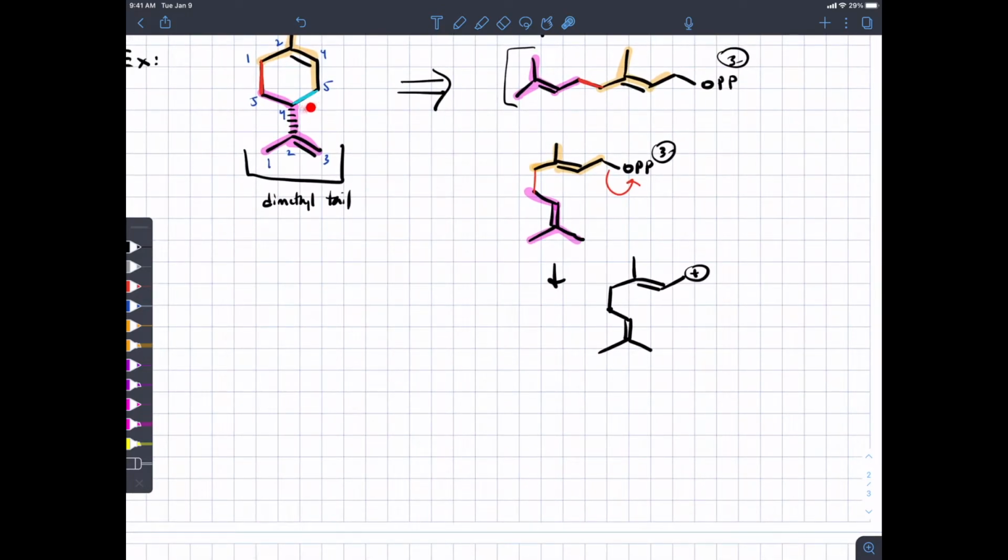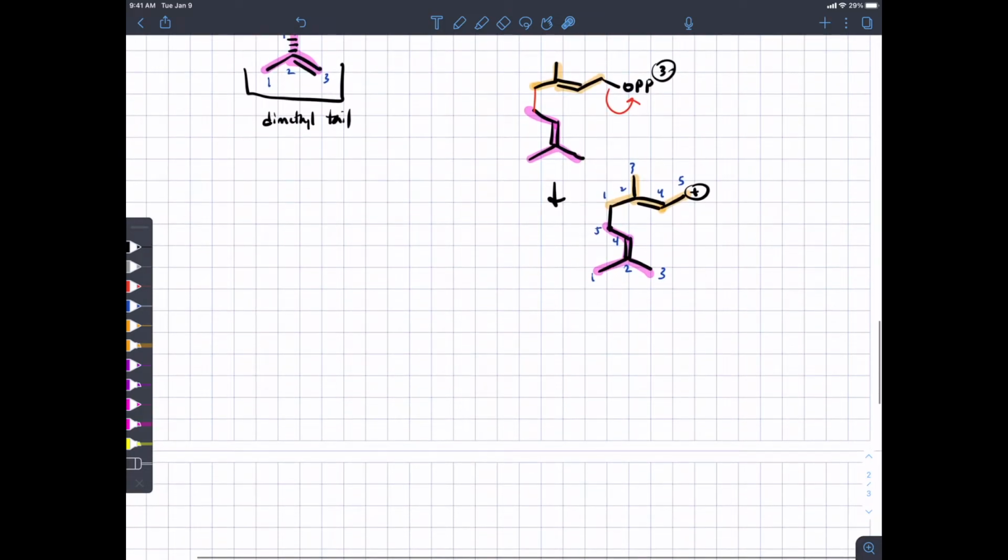If I want to make a bond between 4 and 5, presumably I could use this alkene between 2 and 4 as a nucleophile, and it could attack the positive charge, making a new bond between pink carbon 4 and orange carbon 5. And that would then leave a positive charge on carbon 2. That sounds great. The only problem is this carbon 5 is too far away. If we made the double bond there, you'd be asking for a trans double bond in a 6-membered ring, which can't happen.